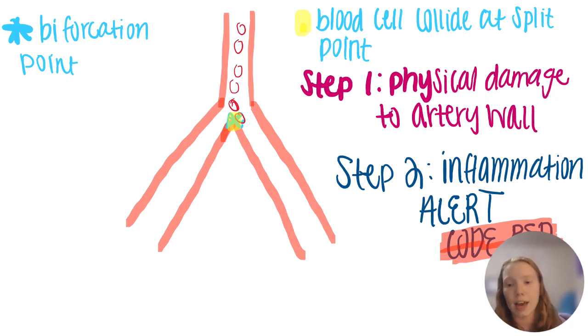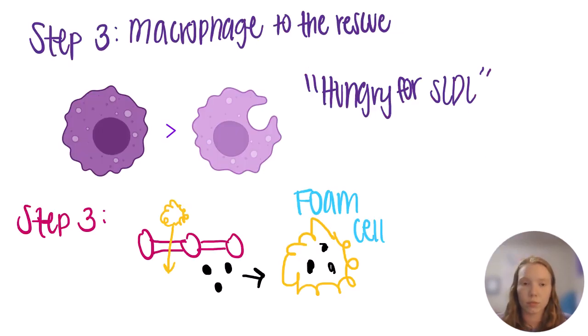And then the next step, whenever we have physical damage, we know that inflammation is going to occur. And it's going to send an alert to the rest of the body that we need our first responders. We're going to need our white blood cells that are in charge of being on that scene first and taking care of whatever inflammation is going on there. So step 3, the macrophage is coming to the rescue.